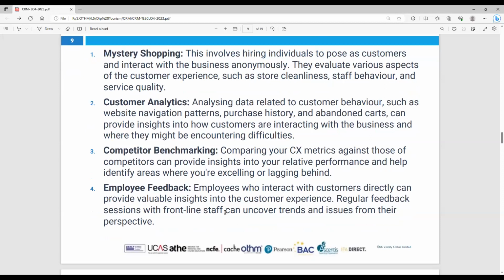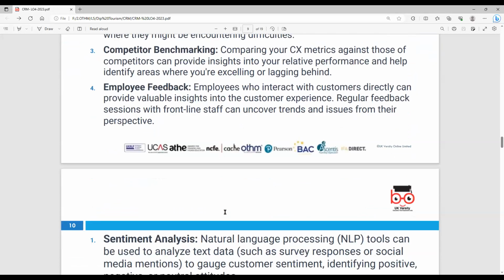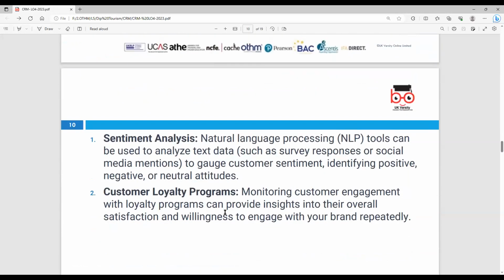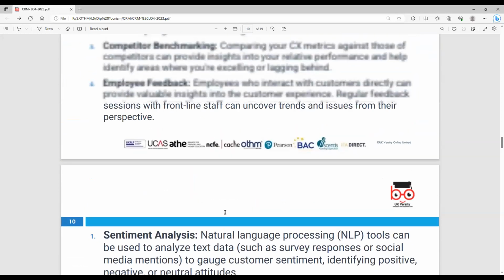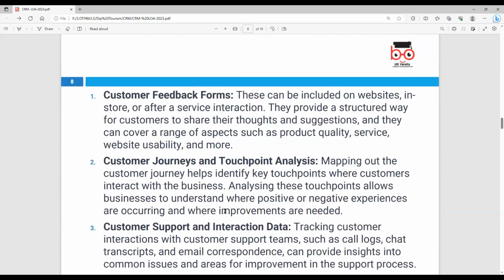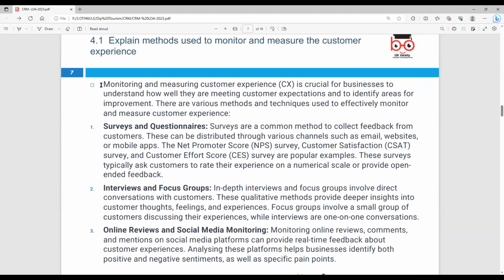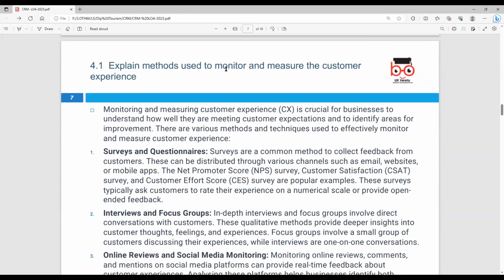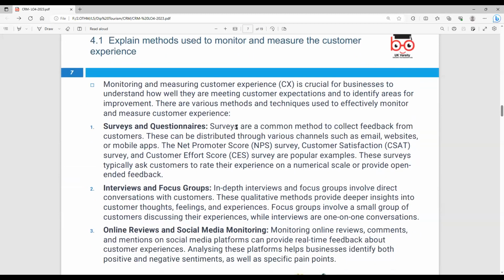Was it to the expectation, the tone and the behavior and the feedback and all sorts of things, right? So they can ask for employee feedback, and there are other methods that you can use. So what we're talking about here, when explaining the methods used to monitor, is that there is no single method to check and measure.